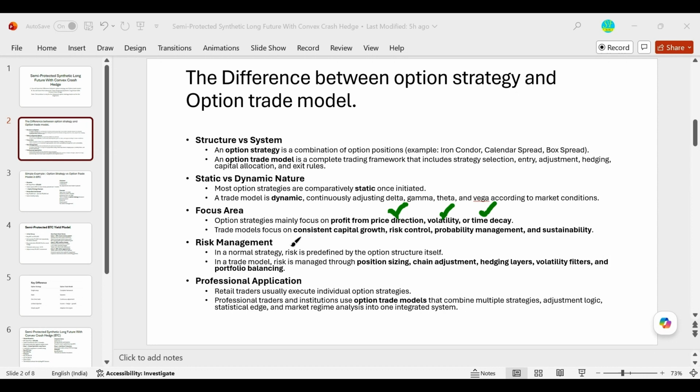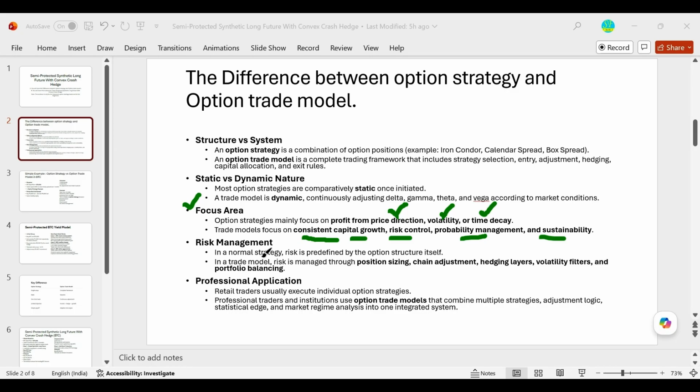However, with a trade model you require consistent capital growth, risk control, probability management, sustainability, and scalability. It means you can take bigger quantity and sustain things. Even if capital is eroded, you can still recover. So the focus areas are different.